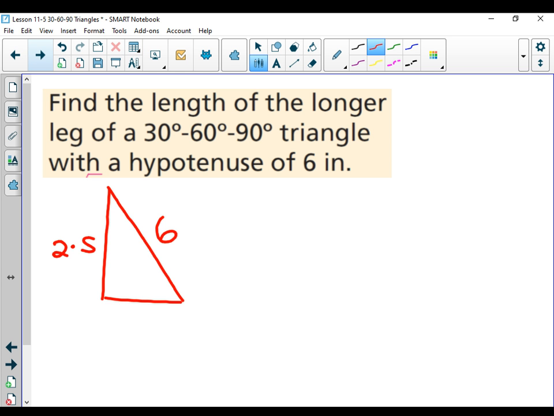You said the answer already. Hypotenuse divided by 2. It's really thinking about the short leg. 6 divided by 2, Addison. 3.